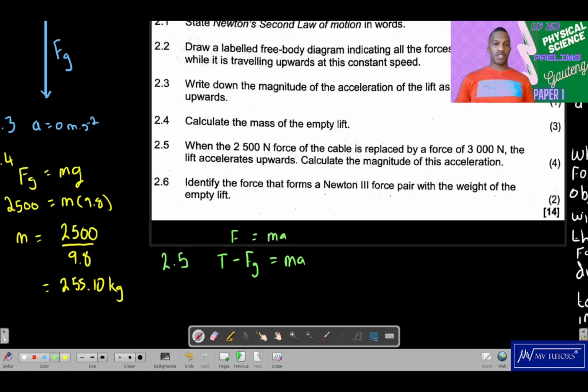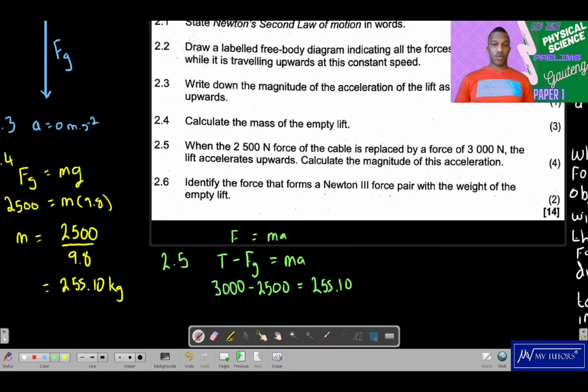So this is the net force, the resultant force. It's tension minus force of gravity. The tension at this point is 3000 minus the force of gravity, which is still 2500, and that's equal to the mass, which we just solved to be 255.10.